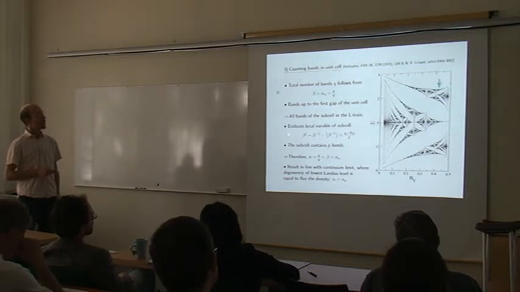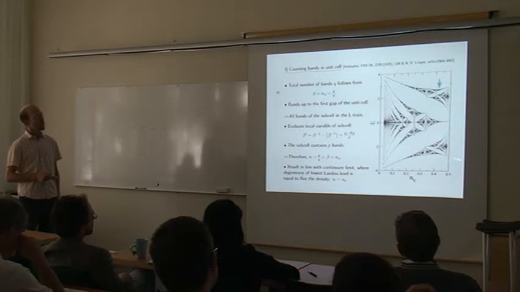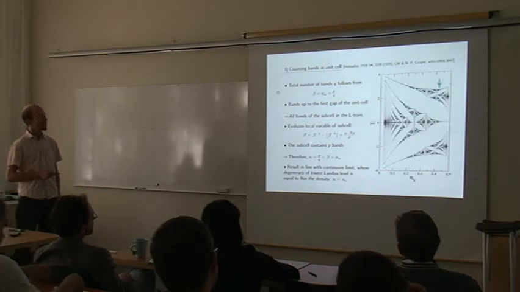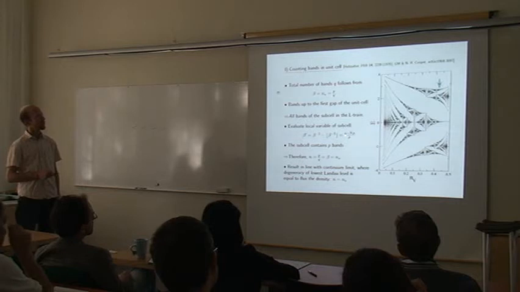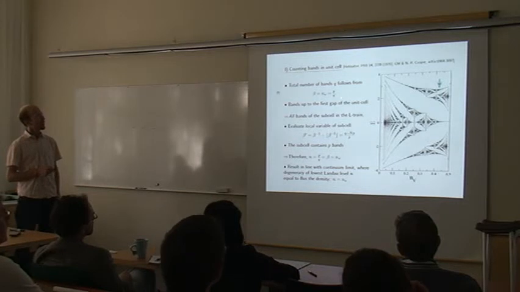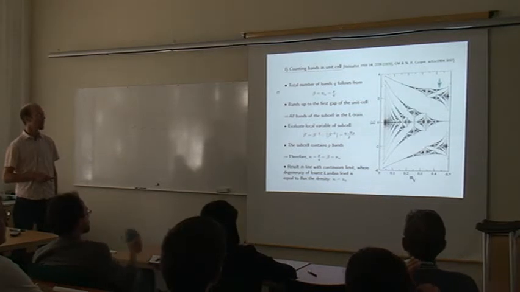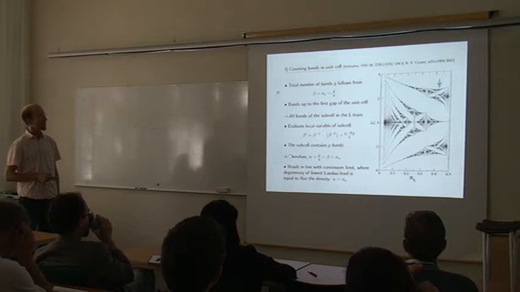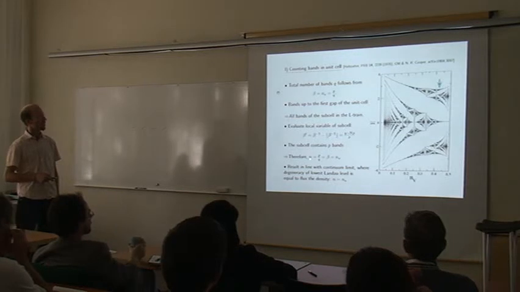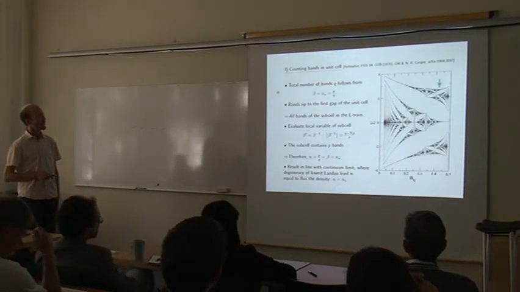Now we have to know what's the local variable in the subcell. So we use this equation here in the inverse. And so the numerator of this beta becomes the denominator of this beta prime. And so therefore this is simple. So the flux density is P over Q.